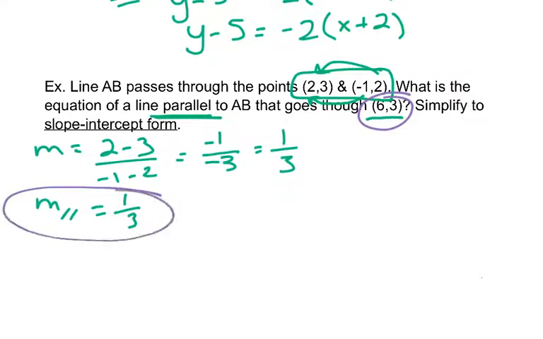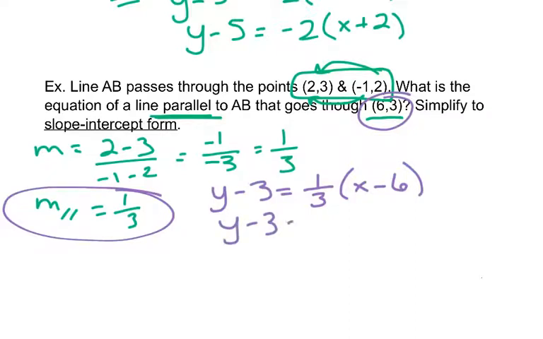So we're going to use those values in our point slope form. So y minus our y coordinate equals our slope, 1/3, times x minus our x coordinate. Now it does say in this one to simplify it to slope-intercept form, so we'll go ahead and distribute our 1/3. 1/3 times x, 1/3 times -6 would be -2.